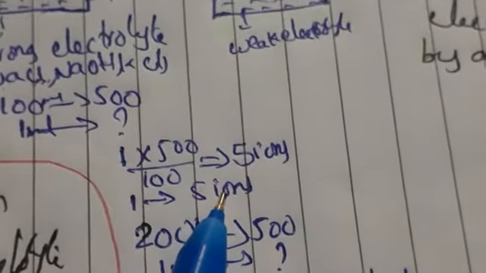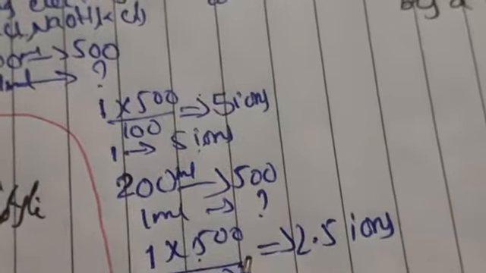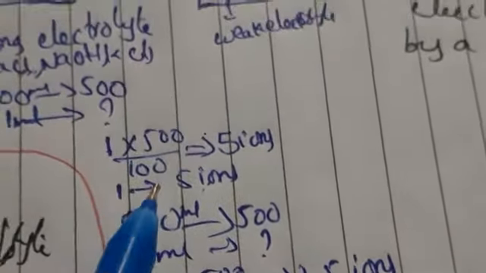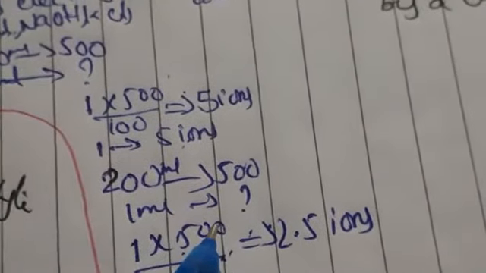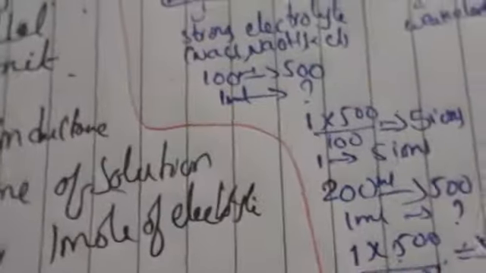So whenever the dilution is increased, it is decreasing. If you have observed in strong electrolytes, whenever we are increasing dilution, the concentration is decreasing. So for strong electrolytes, conductivity decreases with increasing concentration.